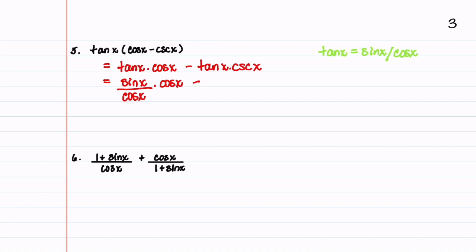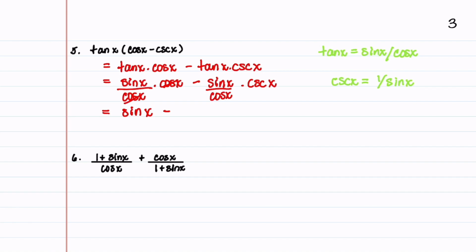Minus, plugging that in again, tangent x is sine x divided by cosine x times cosecant x. Our cosines cancel on our left term, so we have just a sine x. And then let's notice that cosecant x is 1 divided by sine x, so we can plug that in.